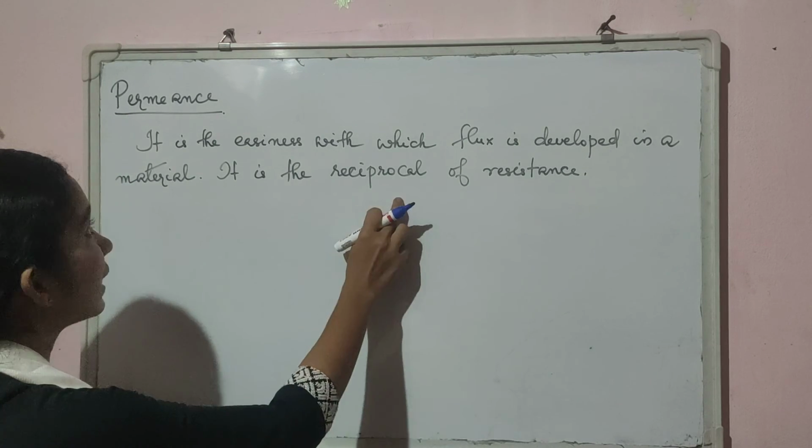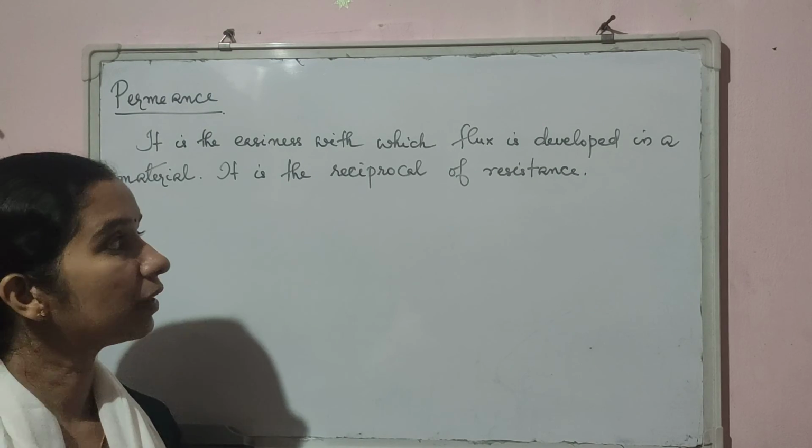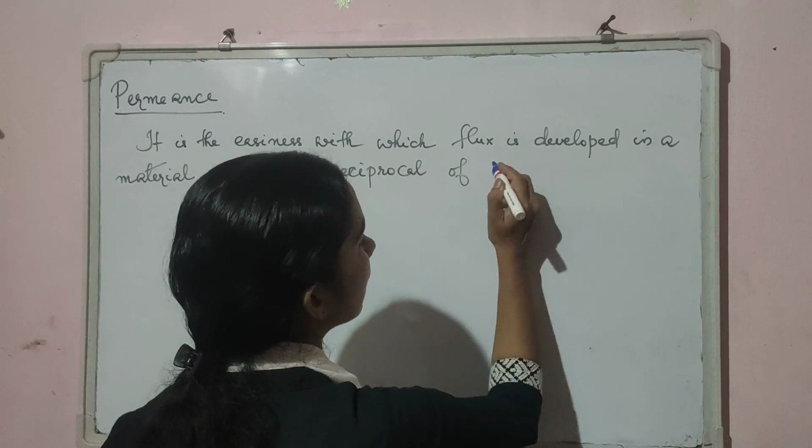So we can calculate permeance as the reciprocal of reluctance, not resistance, it is reluctance.